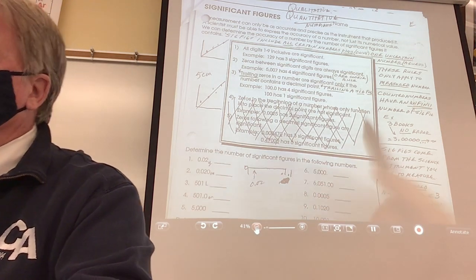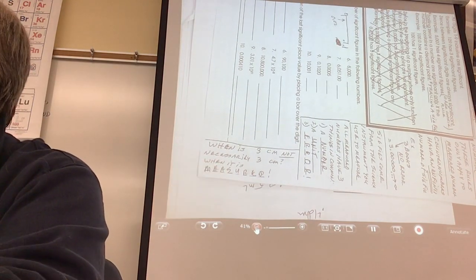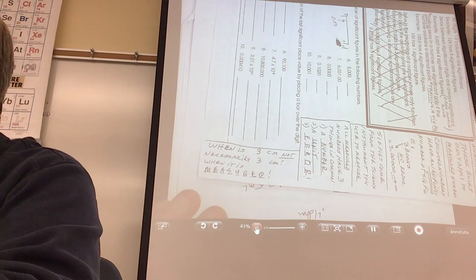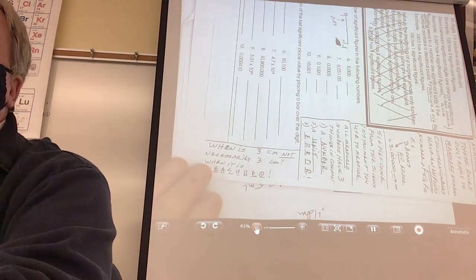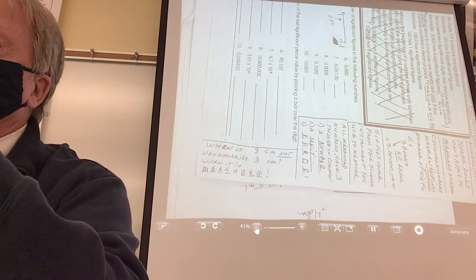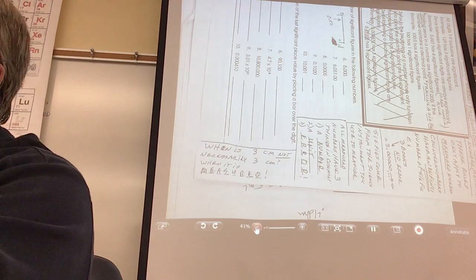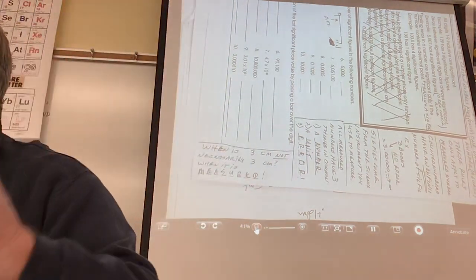So I was trying to tell you this before. This is weird because in math class, your teacher won't ever talk about this kind of stuff. In math class, they use perfect theoretical numbers. 3 centimeters in math class is 3.000 to infinity. It has an infinite number of sig figs.